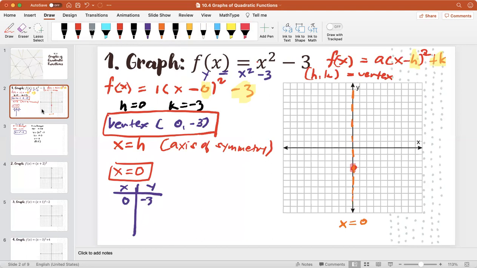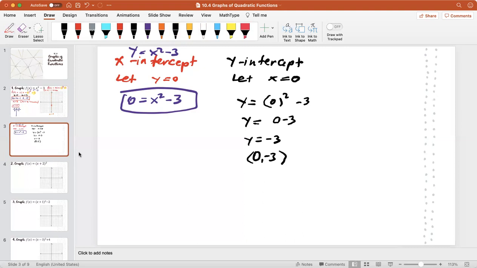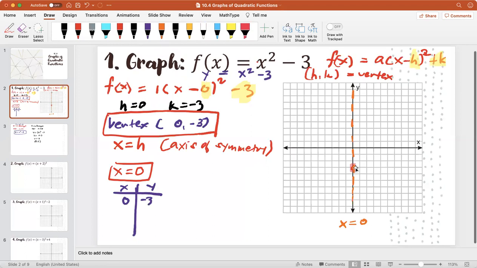That means we need to find other points aside from the x and y-intercept. We cannot make use of the x-intercept because we cannot factor, although we can look at the x-intercept later on. The y-intercept is (0, -3), which is the same as your vertex, so you don't have to put that again. Now we can find other points.